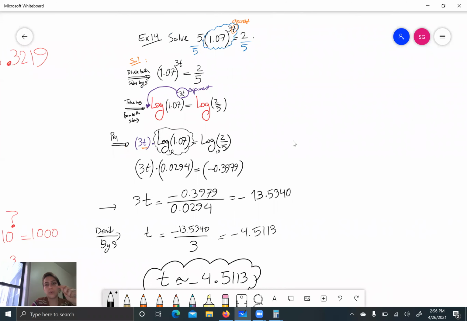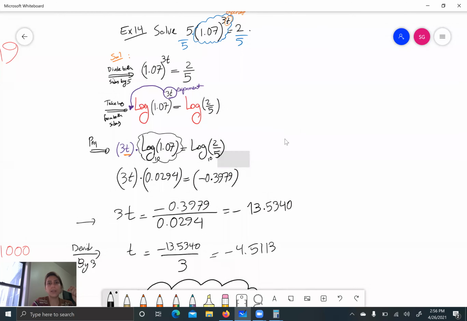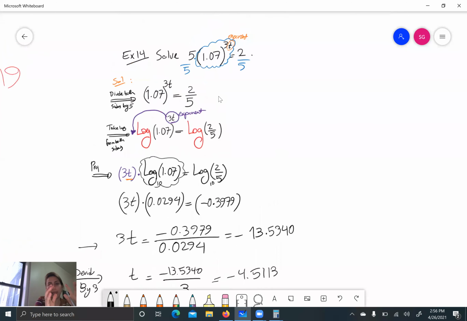I want to go over the steps one more time. How did we solve the equation? We first said we need to isolate the exponential factor. So we divided both sides by 5 to isolate it.